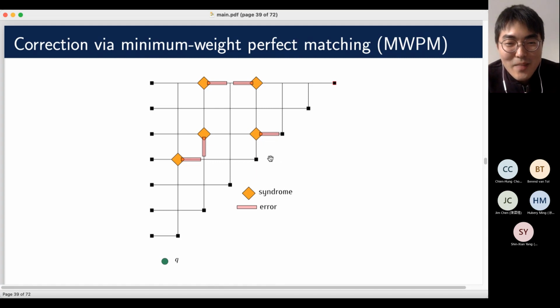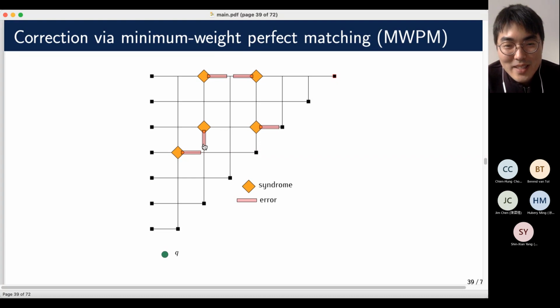So given the measurement outcome S, we somewhat know the boundary of the error, which is called syndromes. So in this figure, according to S, we can compute that there are some positions marked in this diamond, which represent the boundary of the actual errors.